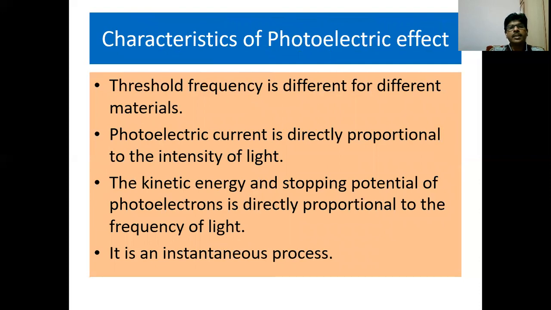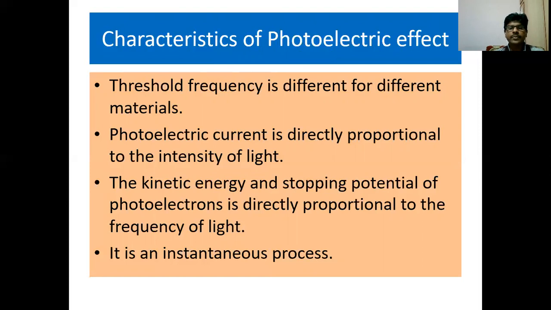Here we can see some of the characteristics of photoelectric effect. The first one states that threshold frequency is different for different materials. What do you understand by threshold frequency? Frequency is related to energy. We know that E is equal to h nu. So if nu changes, we mean that energy is changing.